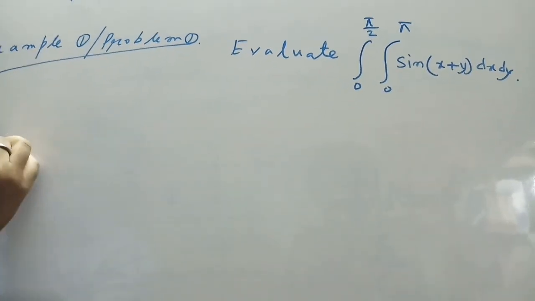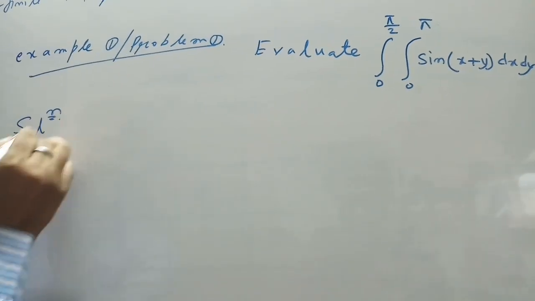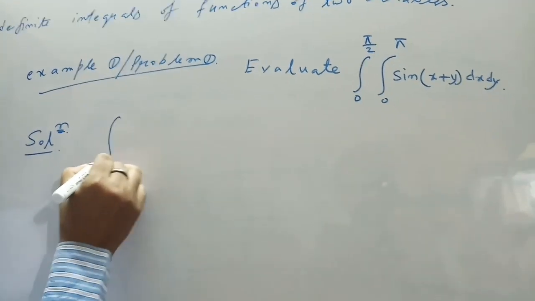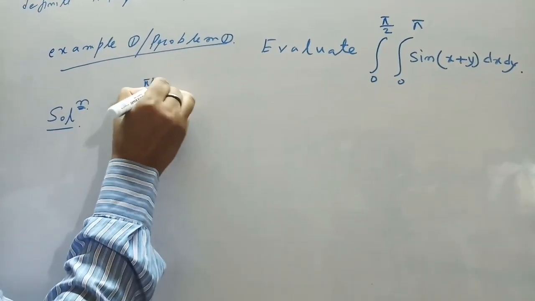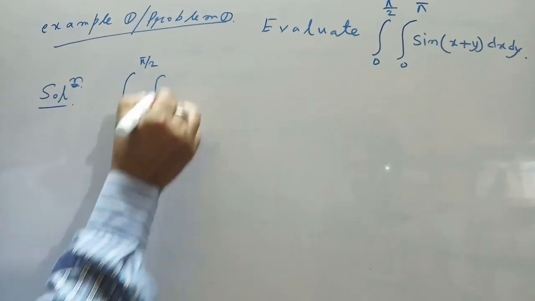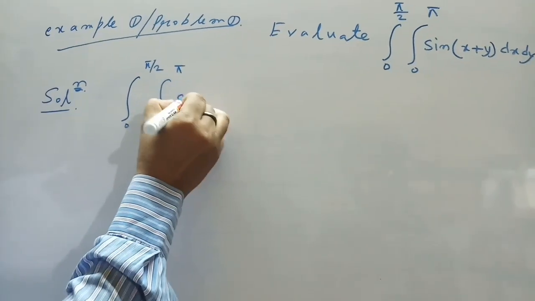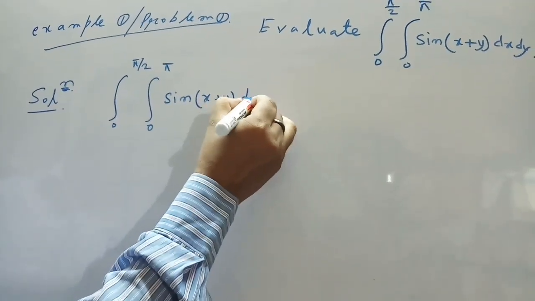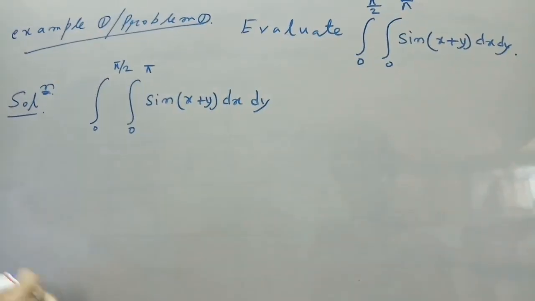Now the solution will be: the integral from 0 to pi by 2, 0 to pi, of sine of x plus y dx dy.